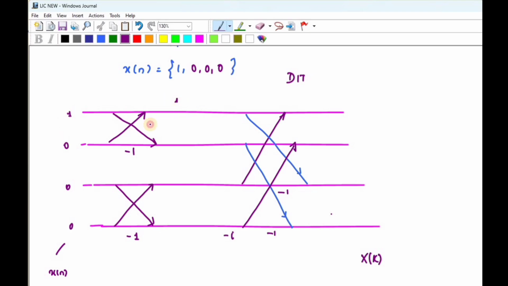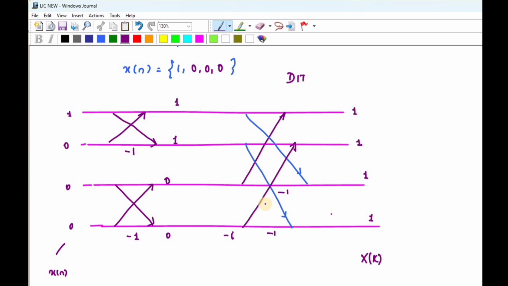If you add this one, you will get 1. If you add this one, you will get 0. If I subtract this one, I will get 1. If I subtract this one, I will get 0. Again, you have to add these 1 and 0, I will get 1, and 1 and 0 again gives 1. Then you have to subtract 1 minus 0, which is 1, and next 1 minus 0 is 1.